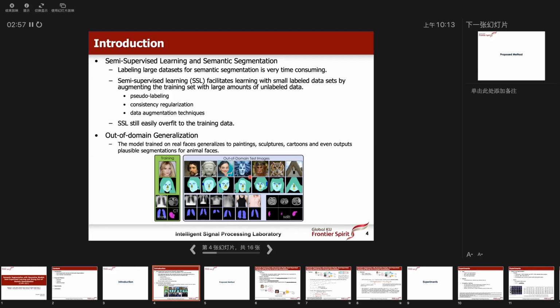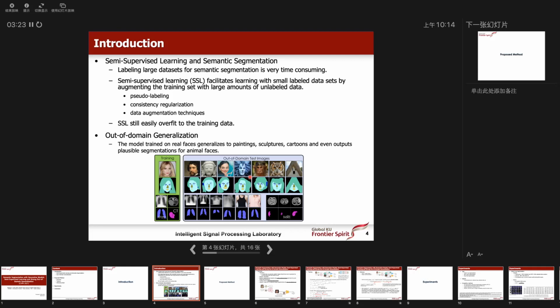Then we use the generated labels for the unlabeled data to do the training in a supervised manner. And through this training iteration, we can improve the performance of the model. This is about pseudo labeling.